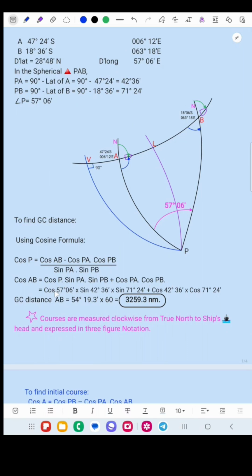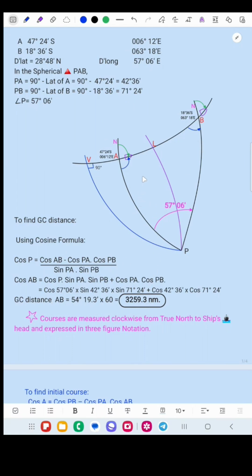Substitute the respective values: cos 57 degree 06 minute into sine of 42 degree 36 minute into sine of 71 degree 24 minute plus cos of 42 degree 36 minute into cos of 71 degree 24 minute. So GC distance AB is equal to 54 degree 19.3 into 60, that is 3259.3 nautical miles. That is from A to B is 3259.3 nautical miles.